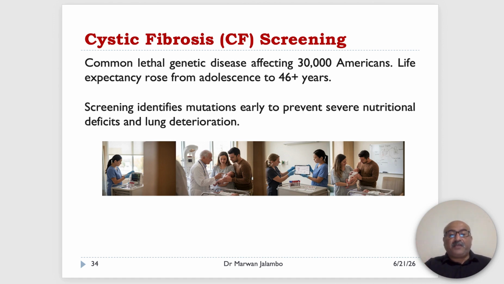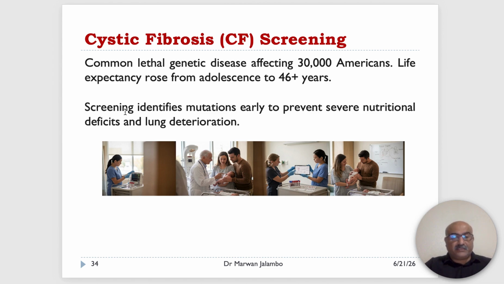We can intervene early with aggressive nutritional support and physical therapy. As a result of this proactive care, the life expectancy for cystic fibrosis patients has skyrocketed from adolescence to well over 46 years.